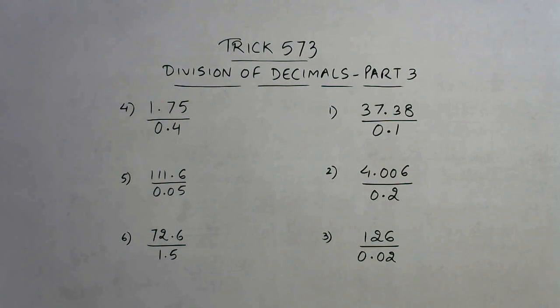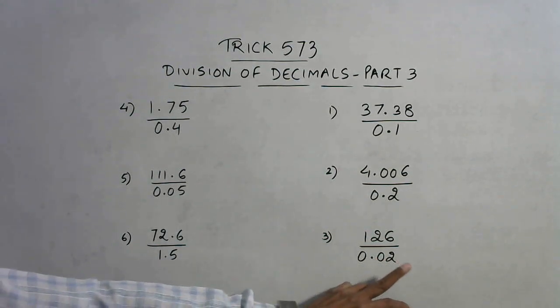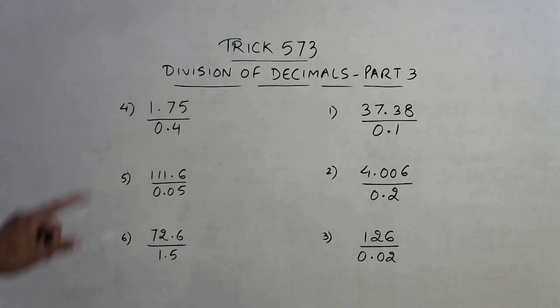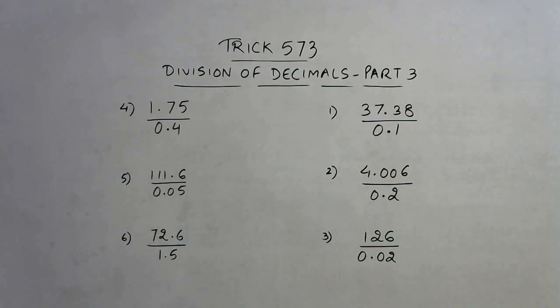Now 0.2, again, if you are aware of the relationship between decimals and fractions, then this problem is not going to consume much time. In the third problem, the denominator is 0.02, and then 0.4, 0.05, 1.5. So we are going to discuss all these denominators.